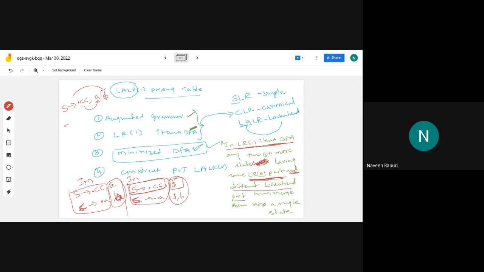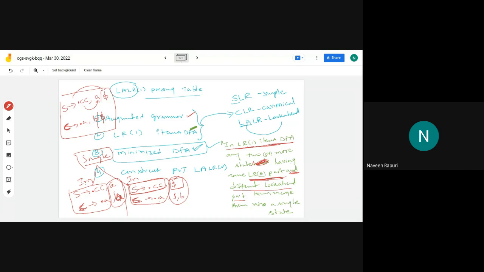In the same manner, C derives dot a comma b slash dollar. So these are the merged states. By doing this, we can minimize two or more states into a single state. So this is the minimization of the DFA, or the minimization of LR1 items of DFA.